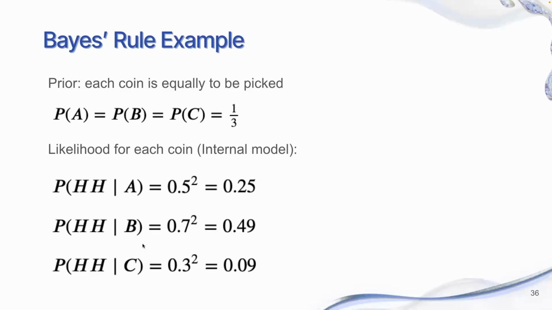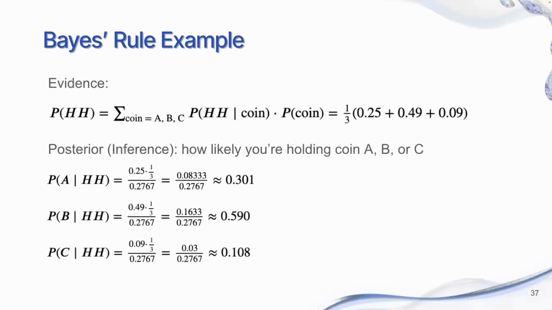And that's what you call the internal model, because once you pick a model, you know how likely it would generate the observed data, right? And for the evidence, you want to see all the possible scenarios where you can get 2 heads in a row. So you need to consider the case for all 3 coins, right?